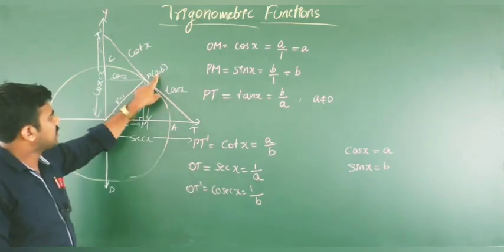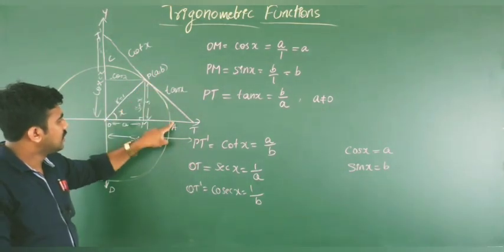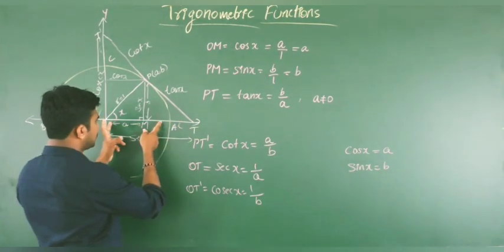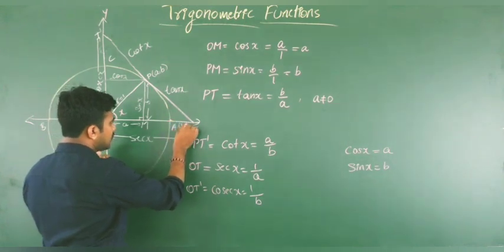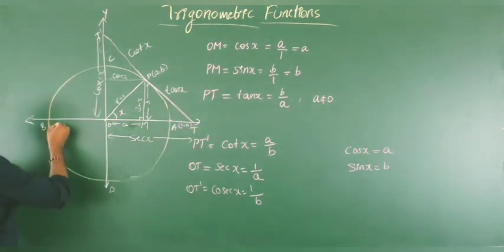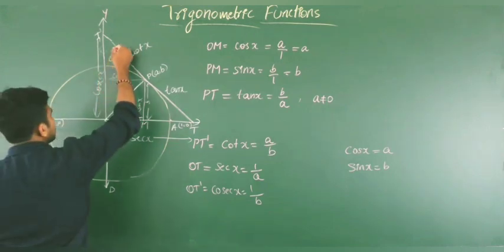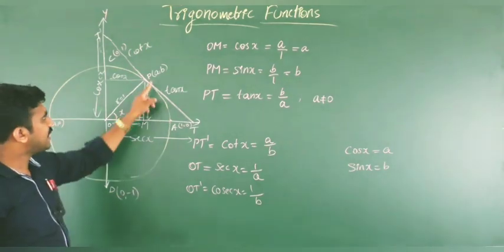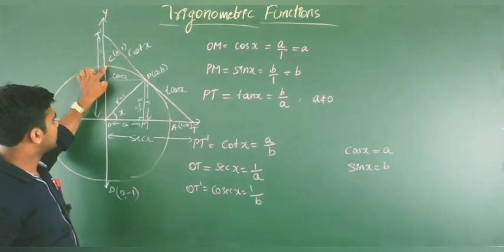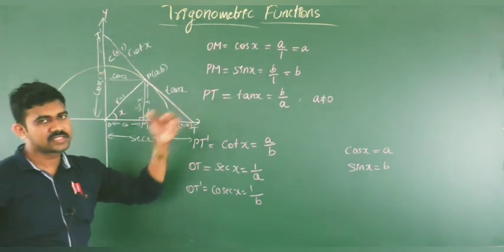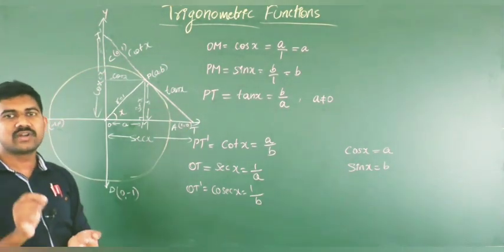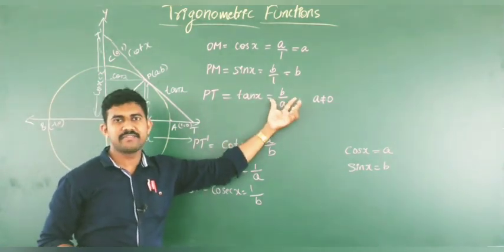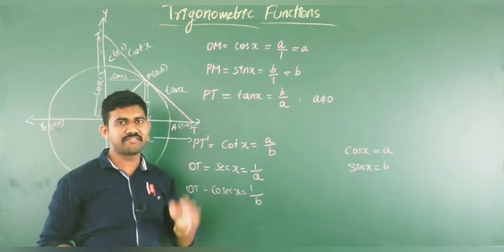Since this is a unit circle, the coordinates of this point are (1, 0), the coordinates of point B are (-1, 0), the coordinates of point C are (0, 1), and the coordinates of point D are (0, -1). So here and here A takes the value 0, and there tangent is not defined. Tangent is not defined when A is equal to 0; in the other case, if A is not equal to 0, then tan is defined in all cases.